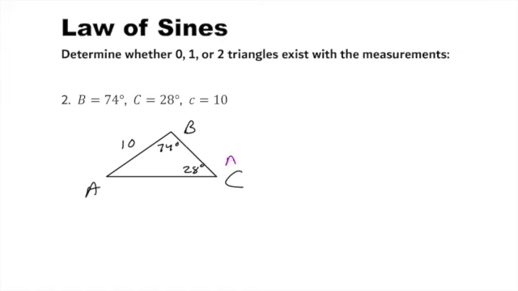But you are given an angle here, and a non-included side, not the side that goes right in between them. So what you have is you are given angle, angle, and the side that comes after, and that is another postulate. That means there is only one triangle possible.